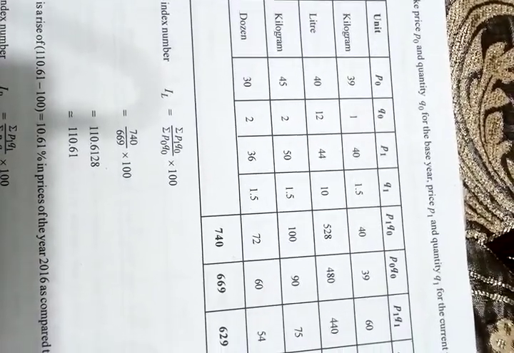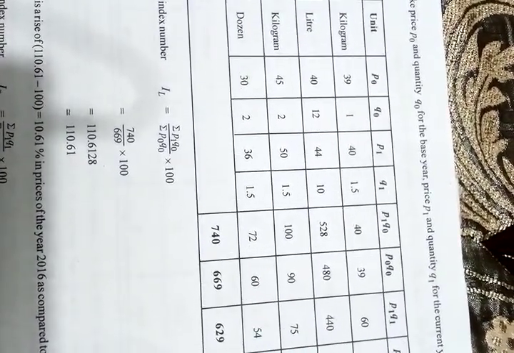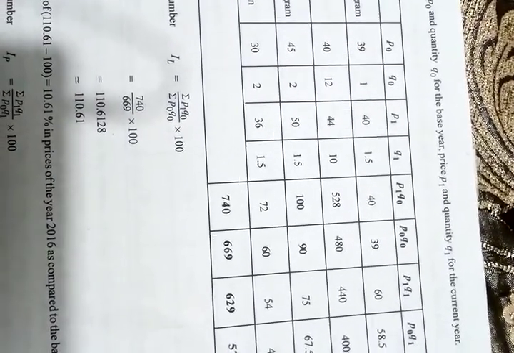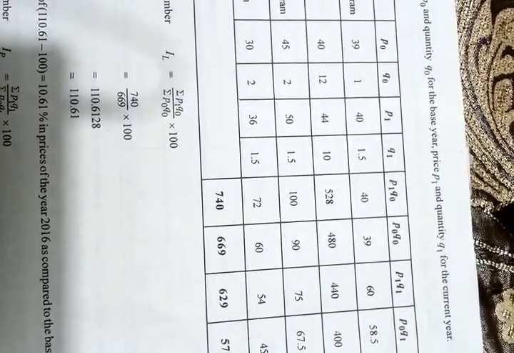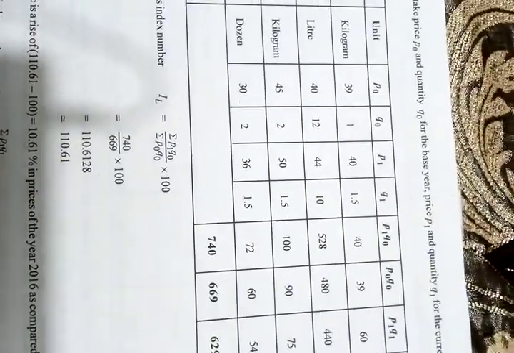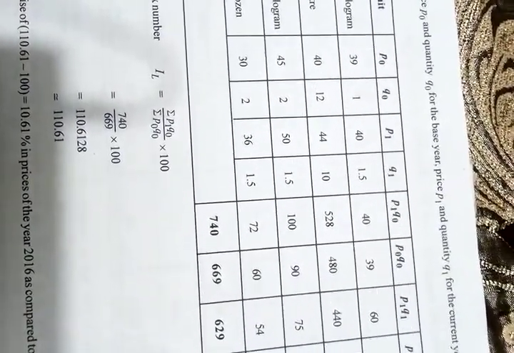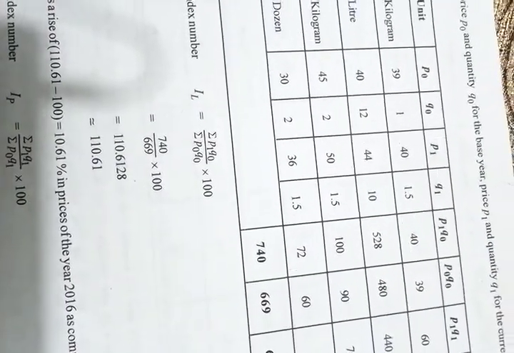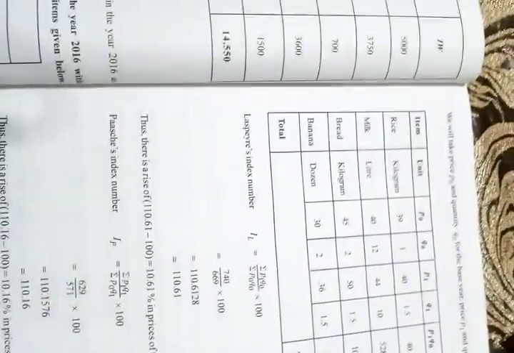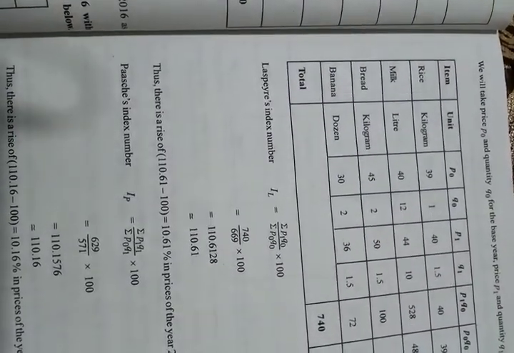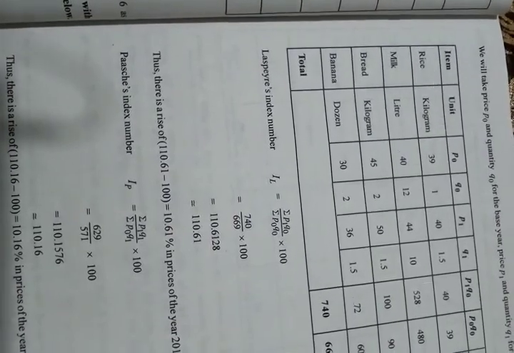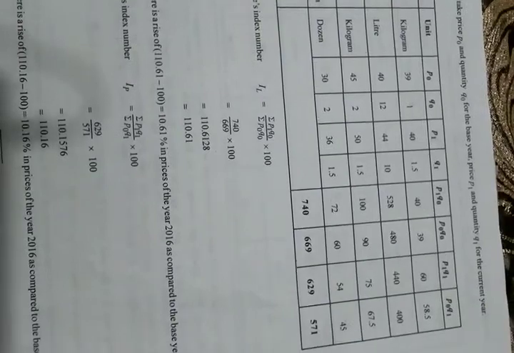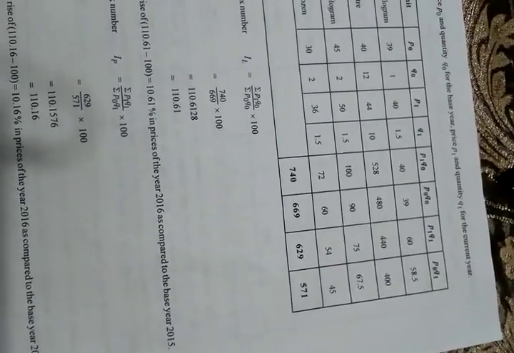Sigma P1 Q0, see 740 is the total, write that here 740, and in the P0 Q0 column you see 669, take it down here, 669 multiplied by 100, so you get 110.6128, corrected to 2 digits, 110.61. So we get the first answer. Thus there is a rise of 10.61% in prices for the year 2016 as compared to the year 2015, which is the base year.